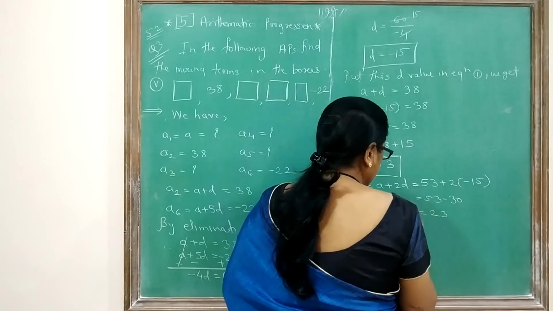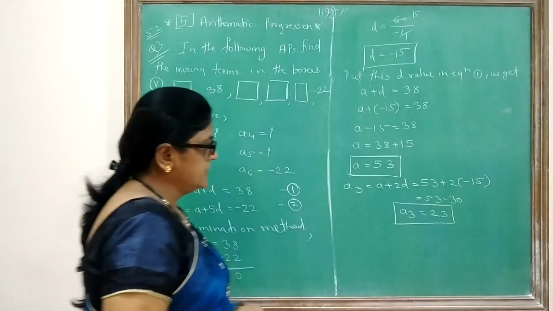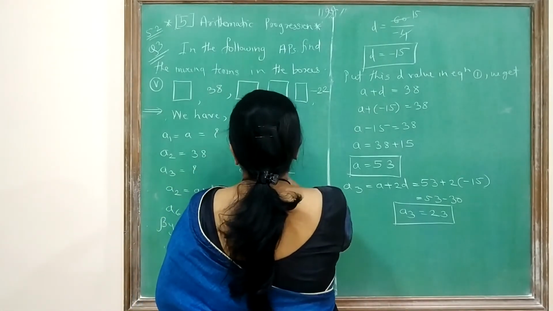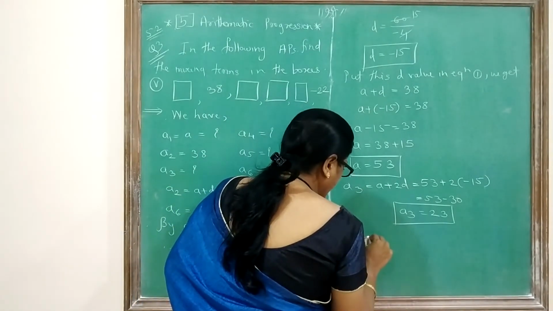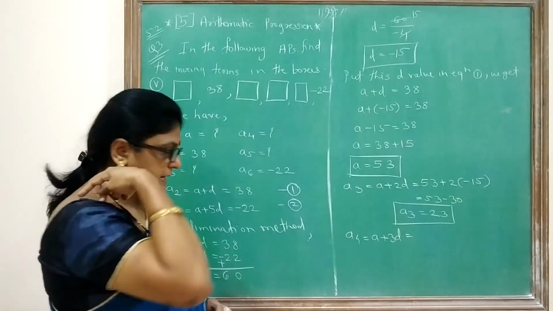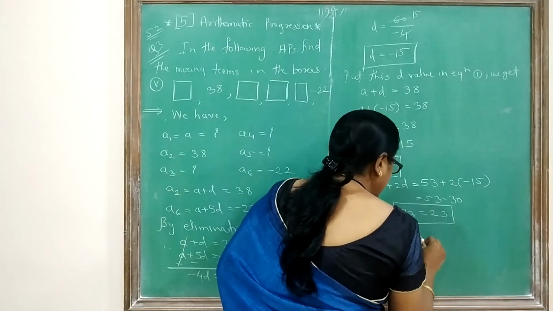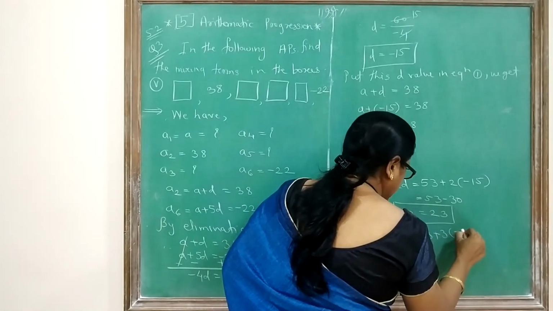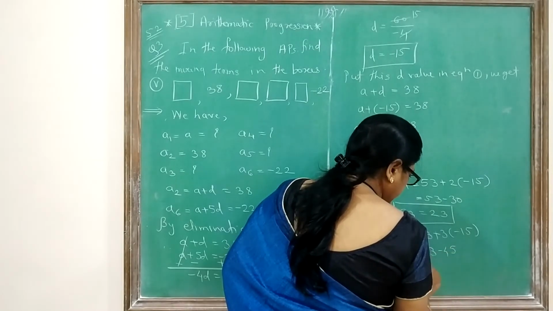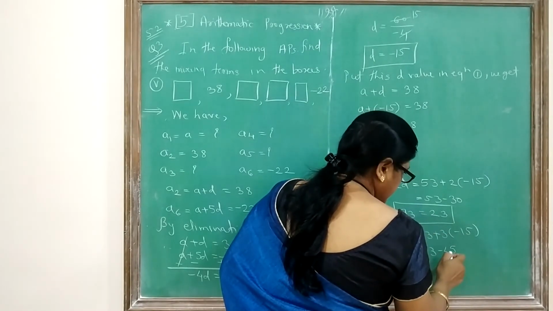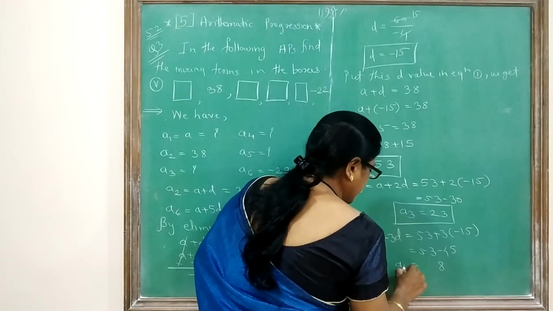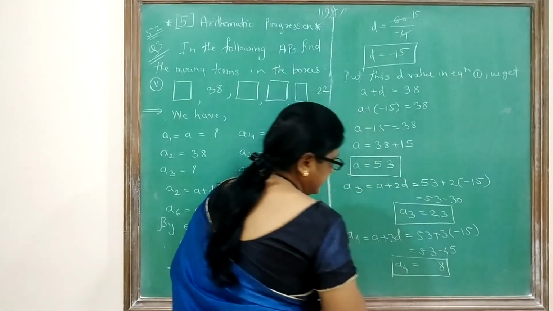That is A3 is 23. Next, A4. The A4 formula is A plus 3D. Then again you will put the A and D values. That is 53 plus 3 into minus 15, that is 53 minus 45. Here 13 minus 5 is 8, and 4 minus 4 is 0. So your A4 value is 8.